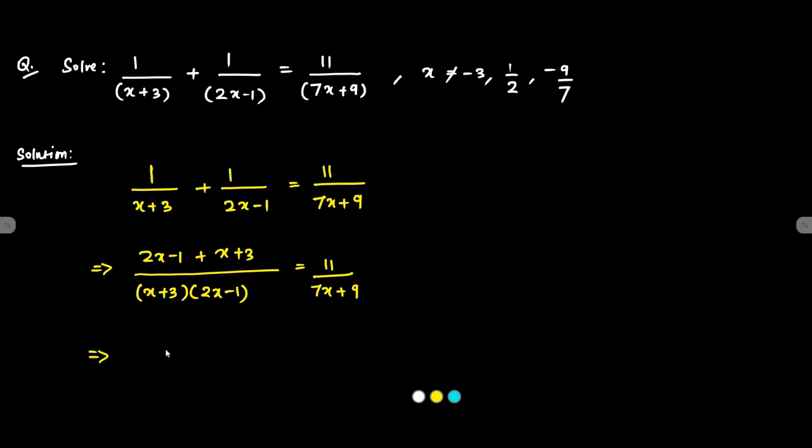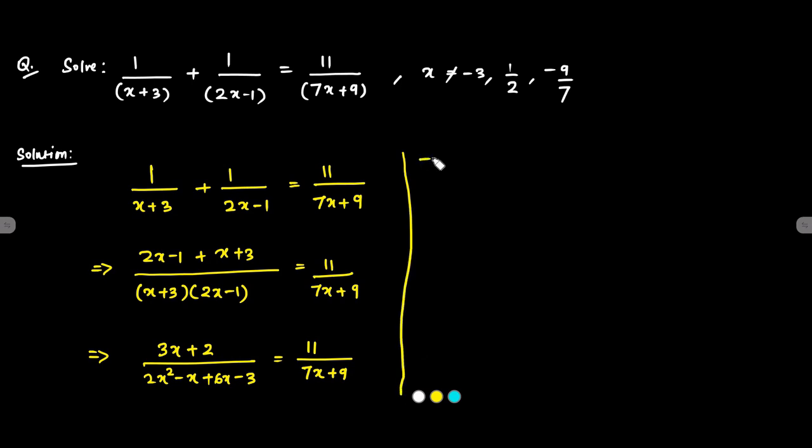That implies here 3x plus 2, that is 2x plus x, 3x, minus 1 plus 3, 2. So 3x plus 2 by 2x square minus x plus 6x minus 3, that is equal to 11 by 7x plus 9.